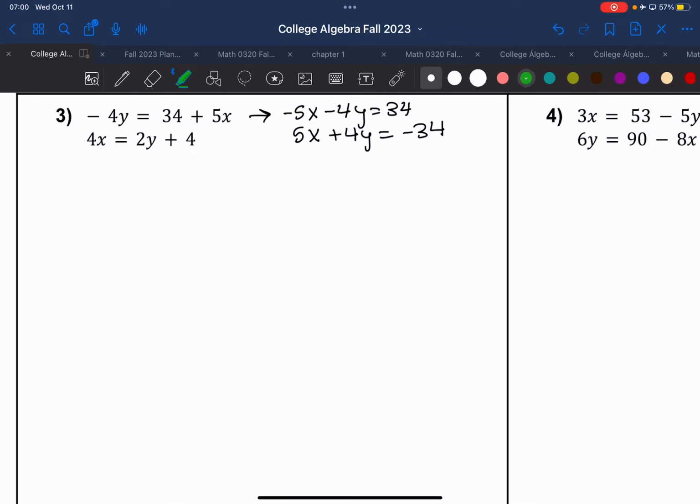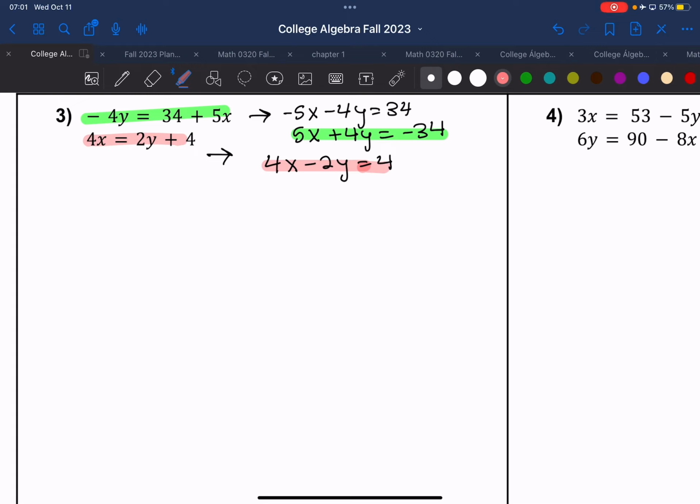Okay, that is going to be my new top equation. What do I have to do to the bottom equation to make it standard form? Good, just move those y's over. So I have 4x minus 2y equals 4. And that's all I have to do here because I have a positive x this time in the front.